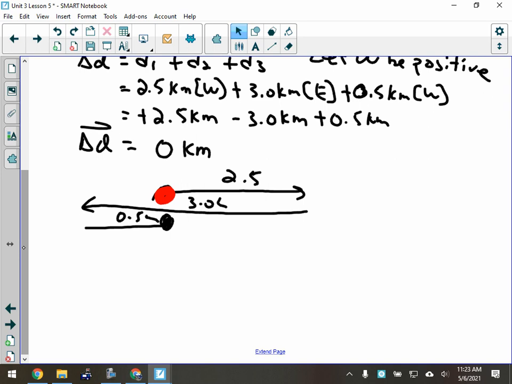We're going to golf lessons, and then eventually we're going to get back home. If I started at home, say that's my reference point, after all this traveling my displacement is going to be 0. Or at least I hope so. That's the difference between those two. Any questions there, anyone?